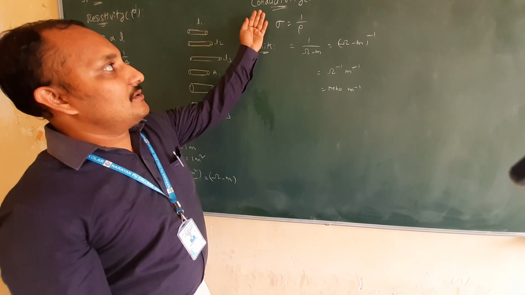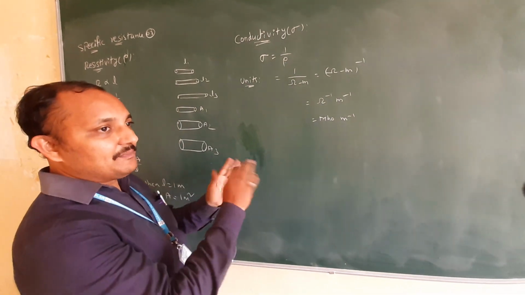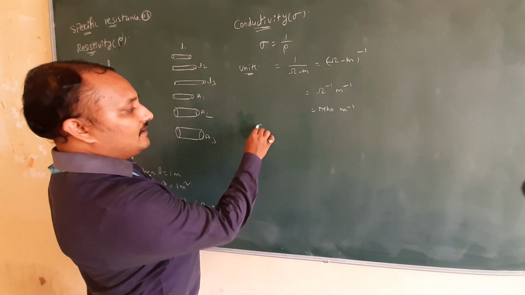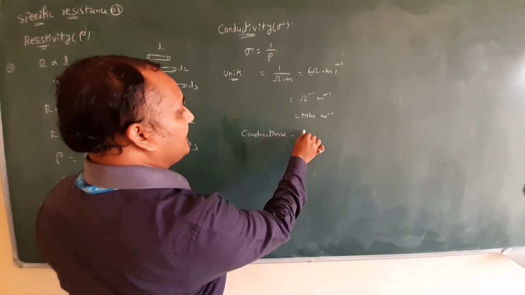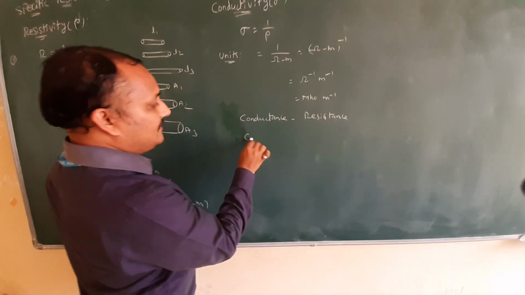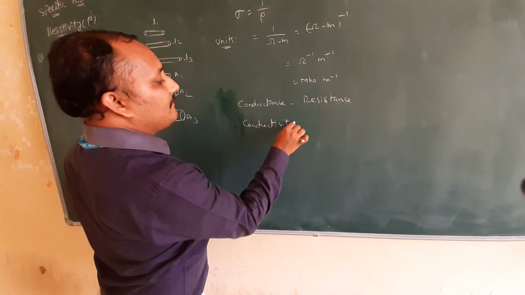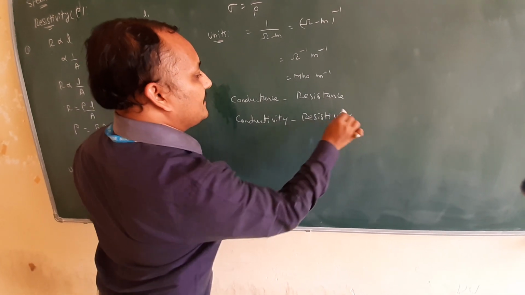Now we discussed conductivity. Now see how to remember. You may get confused between reciprocal of resistance and reciprocal of resistivity. Very simple: conductance goes with resistance, conductivity goes with resistivity.